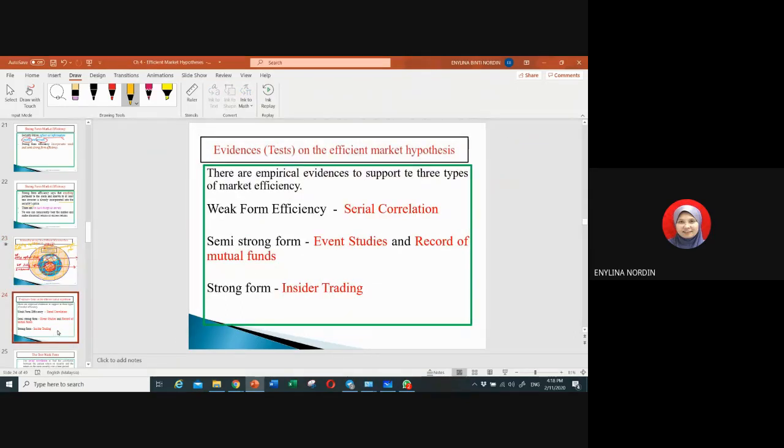All right, so now we go to the next part, which is the evidence or the tests on the efficient market hypothesis. There is empirical evidence to support the three types of market efficiency. We go for the first one, the weak form.